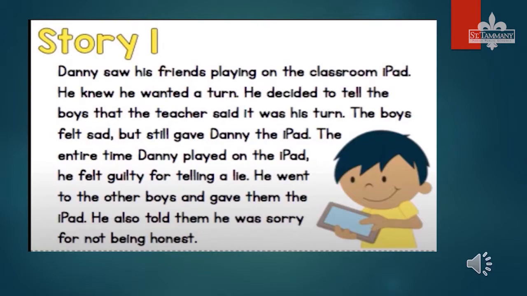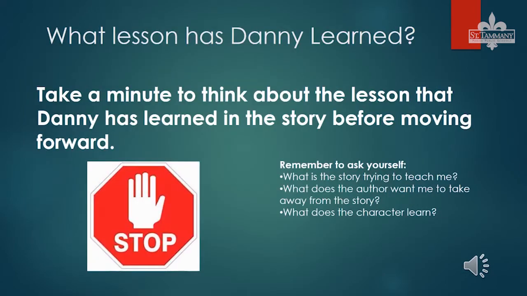Can you determine the central message of the text? Take a minute to think about the lesson that Danny has learned in the story before moving forward. Remember to ask yourself, what is the story trying to teach me? What does the author want me to take away from this story? What does Danny learn?